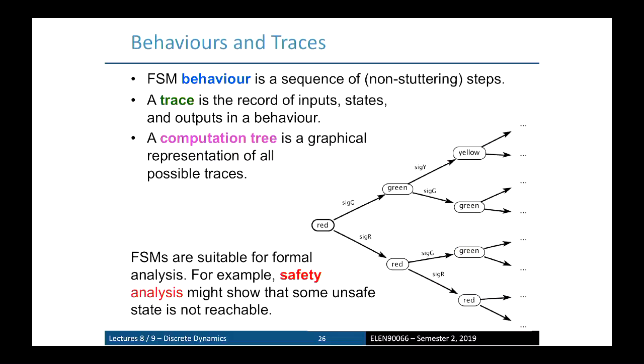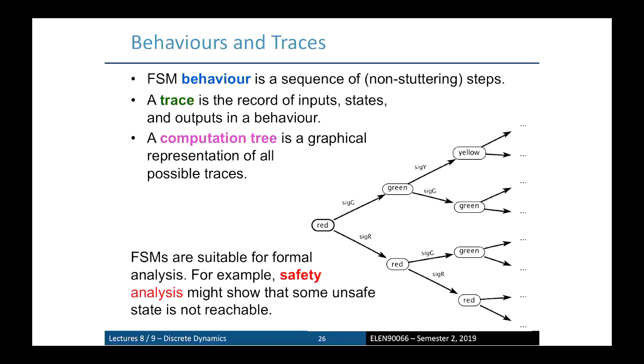And the beautiful thing is FSMs are then suitable for a formal analysis like this. You can get computers to do the big computation tree of an FSM. For instance, there may be in your FSM an unsafe state that you never want to get into for some reason.